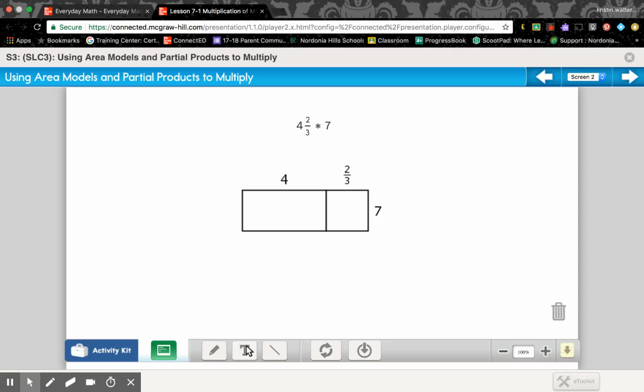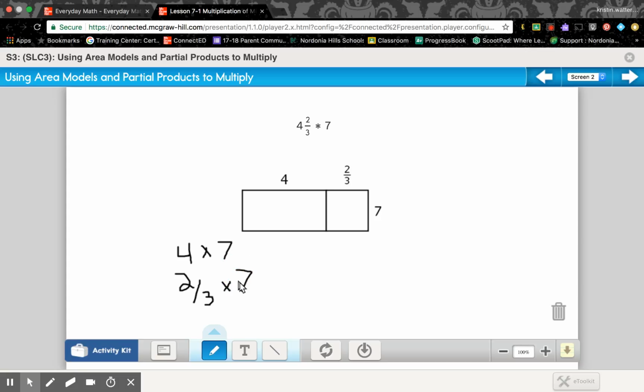So then we're going to think to ourselves, what is 4 times 7 for this box? And then for the smaller box, what is 2/3 times 7?